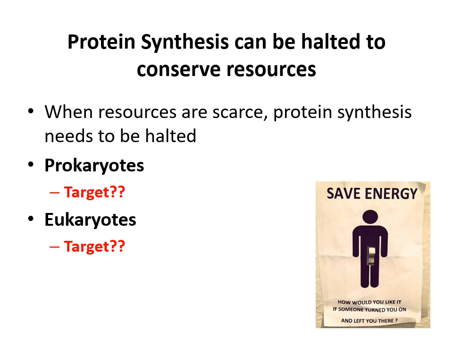Now, prokaryotes and eukaryotes do this in two slightly different ways, based on what they're targeting. Prokaryotes will only transcribe genes that are essential, and they will save even more time, energy, and resources by not even making the mRNA a lot of times.